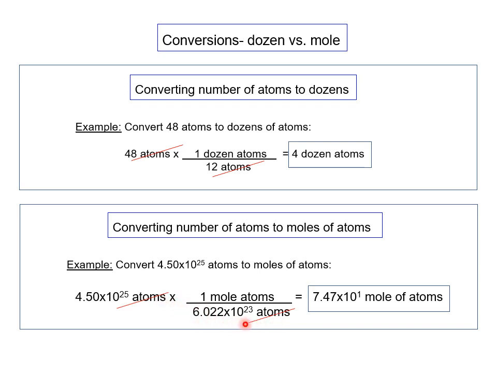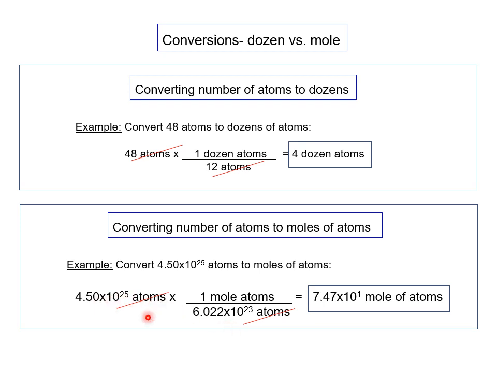Notice that I put the 6.022 times 10 to the 23rd on the bottom this time, and I put the mole on top. In the previous problem, we had this in reverse. The 6.022 was on top. But because I'm trying to cancel atoms, and I'm trying to get moles as my answer, the moles go on the top, and the 6.022 times 10 to the 23rd goes on the bottom.